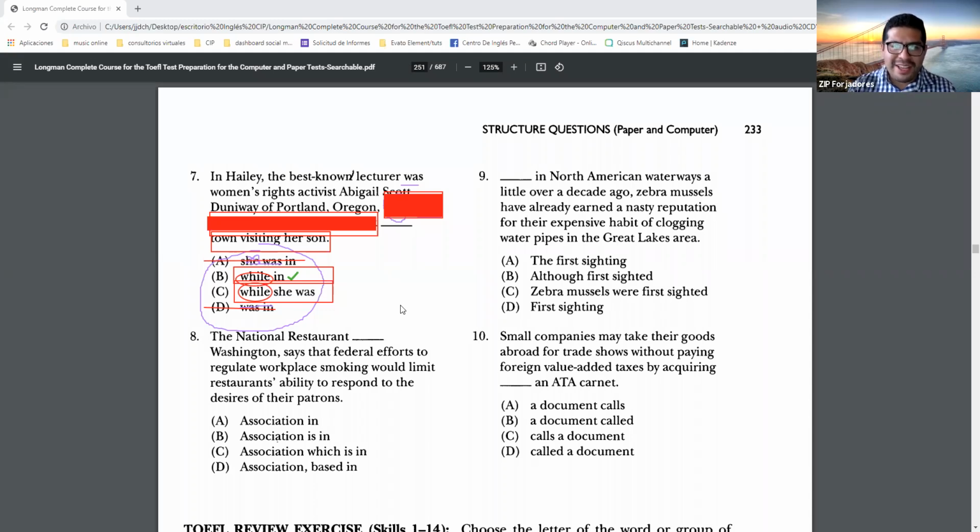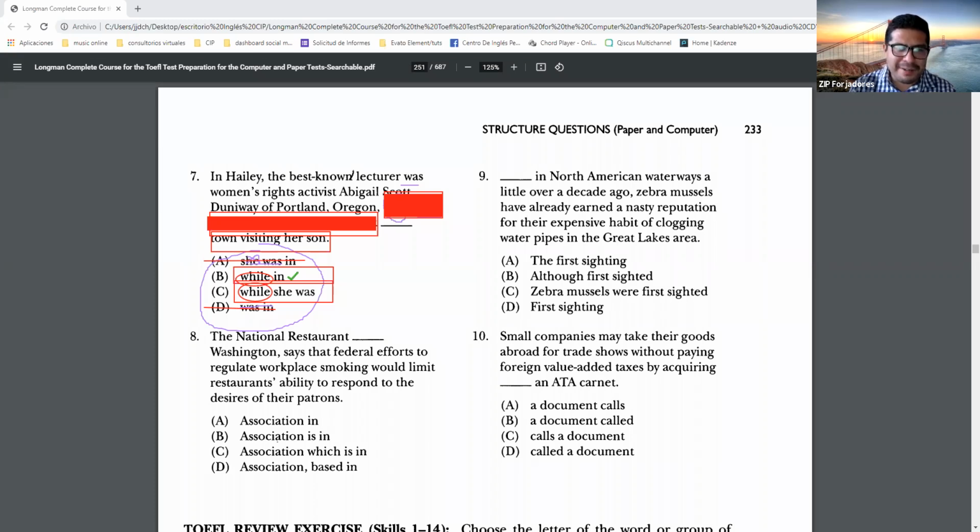In letter B, we don't have a subject and we don't have a verb, so maybe it's a reduced form. And letter C cannot be. Why? Okay, give me 1 second. Yes, it's correct.